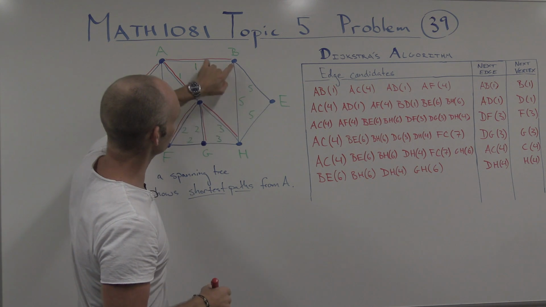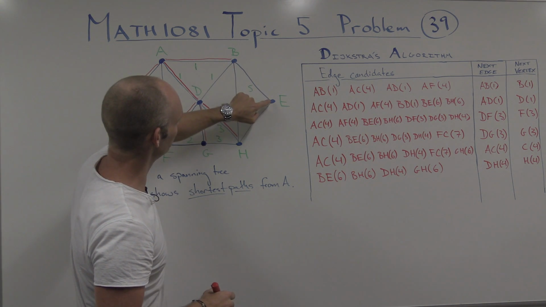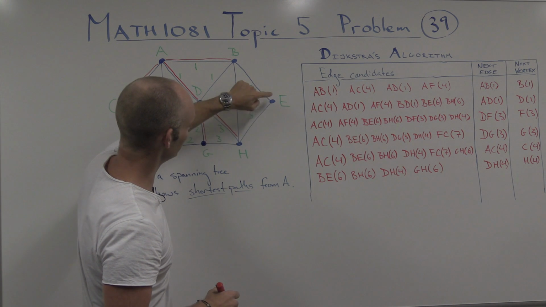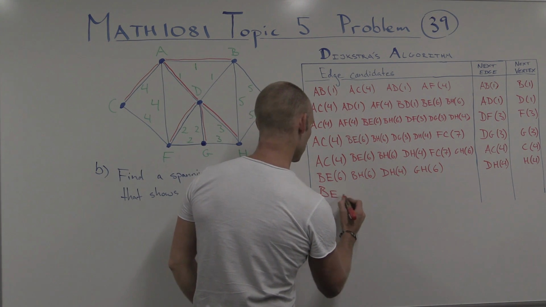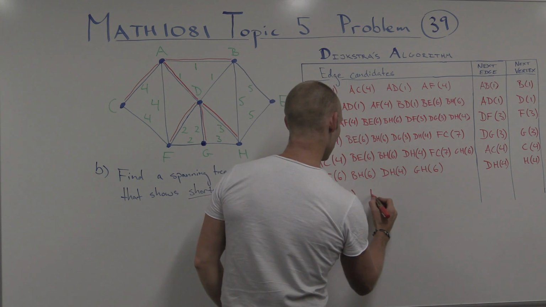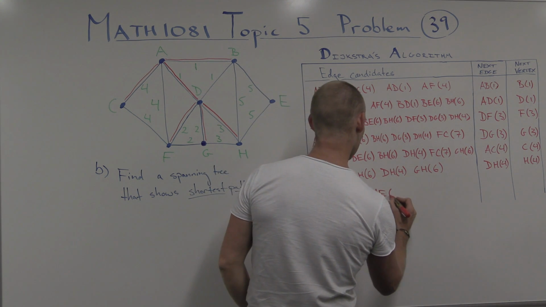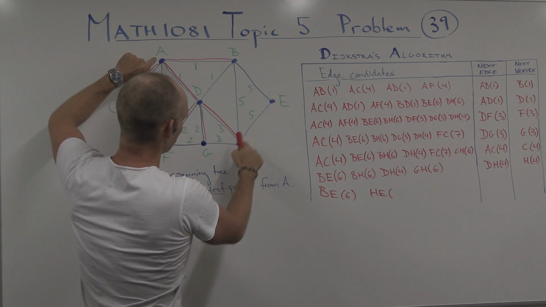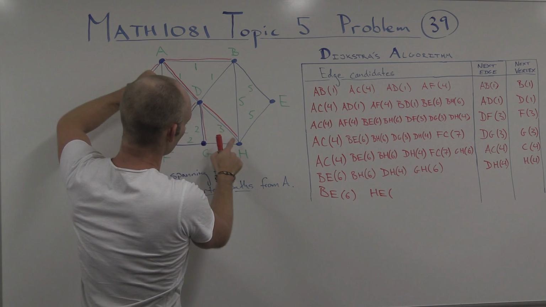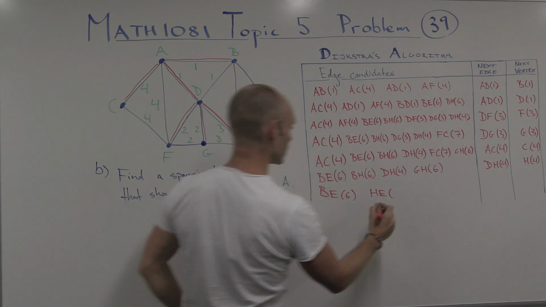In fact, there are only 2 choices. There's the edge from B to E and the edge from H to E. So we have B, E, and H to E. And what's that? That's going from A to D to H to E. So 1 plus 3 plus 5 is 9.